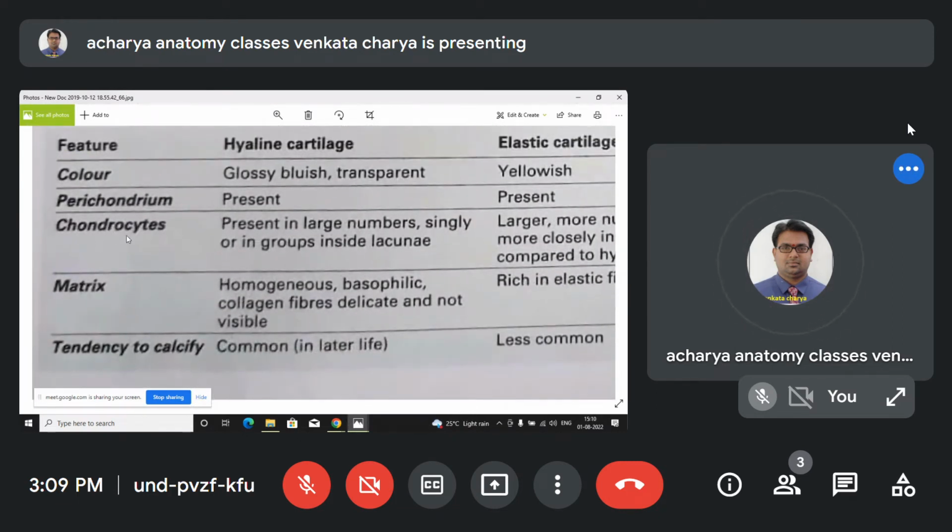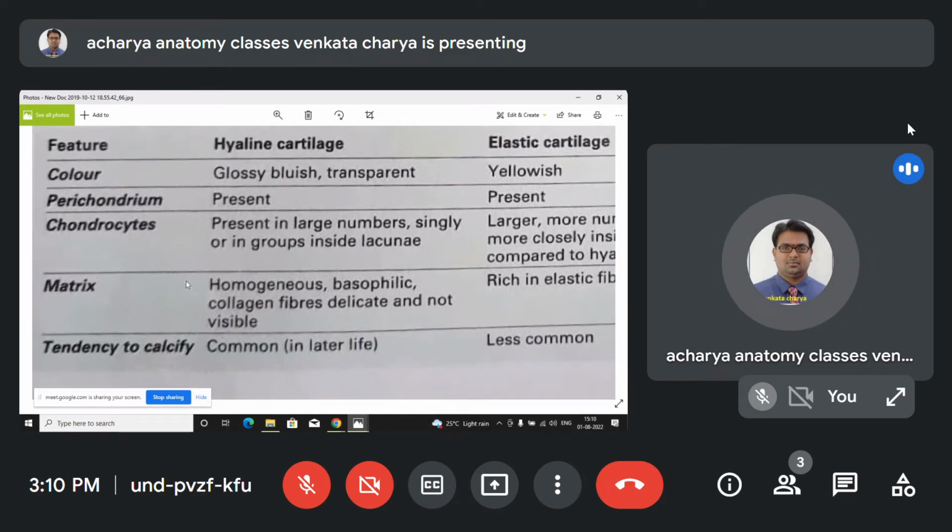Next, chondrocytes are present in a large number, single or in groups inside the lacunae, so it forms a cell nest. Then the matrix is homogeneous basophilic cartilage with collagen fibers.